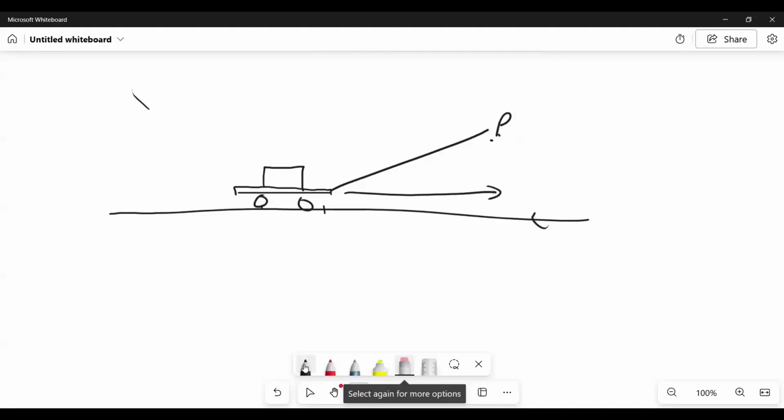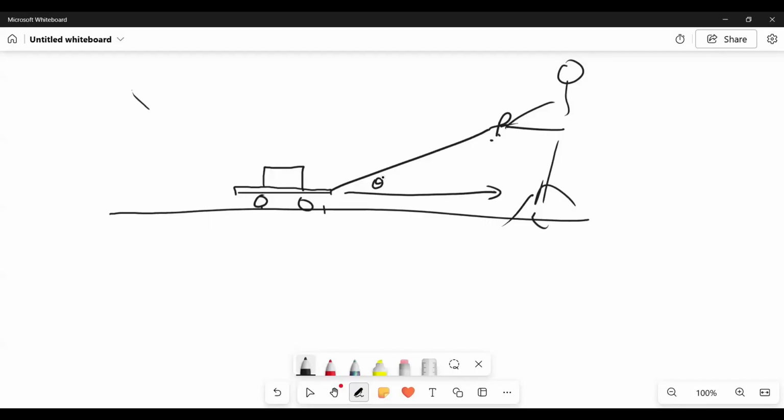Let's say you're way up here, and you hold on to this thing and you're pulling. So your force makes some angle here. It's not horizontal.